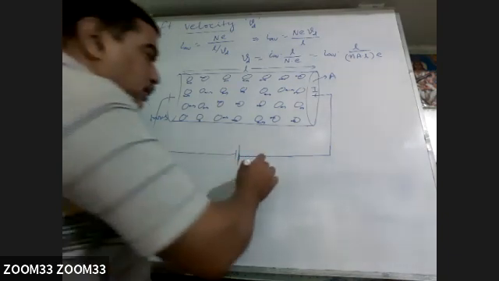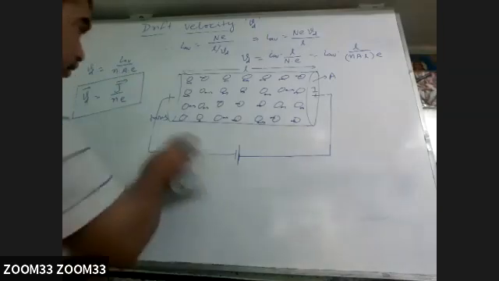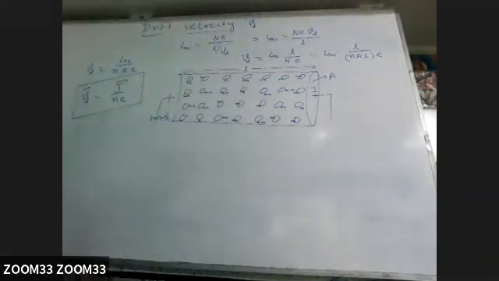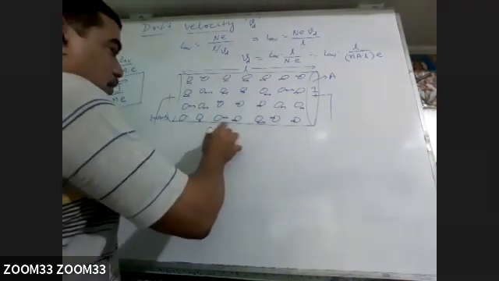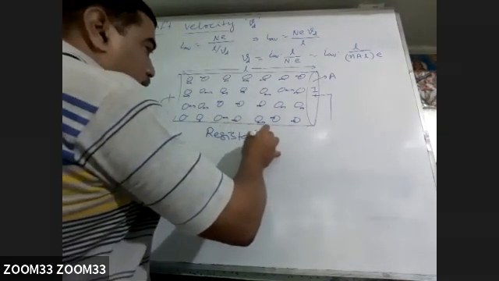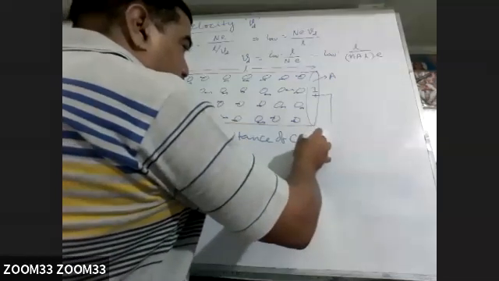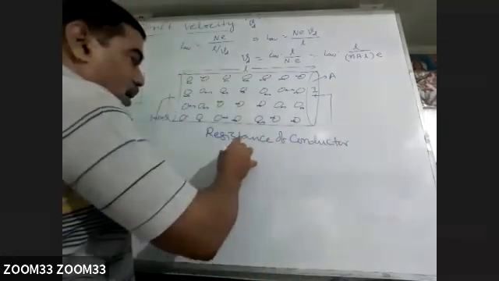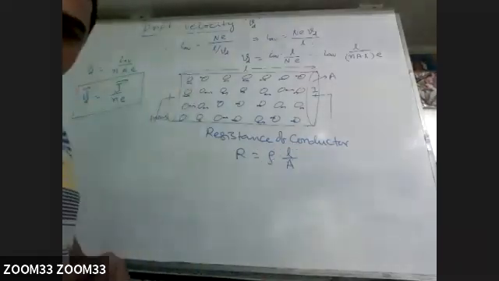So, the resistance of a conductor R was rho L over A. This is all we have done in class 10.